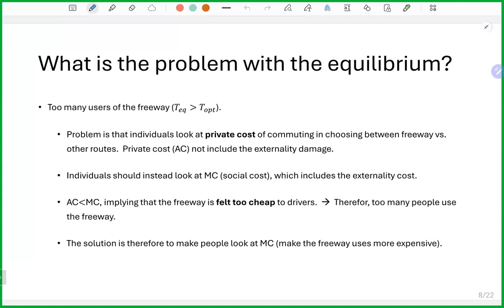Impose a condition on the marginal cost, such that the price, the private cost including the toll, is exactly the same as the social marginal cost.